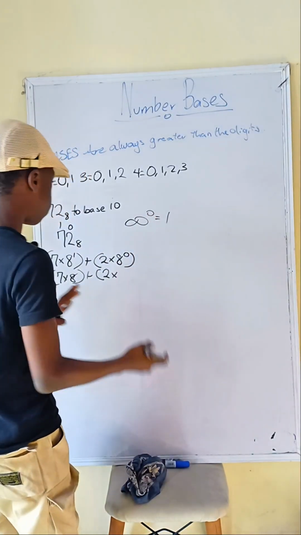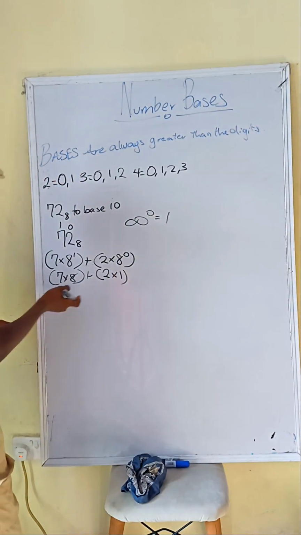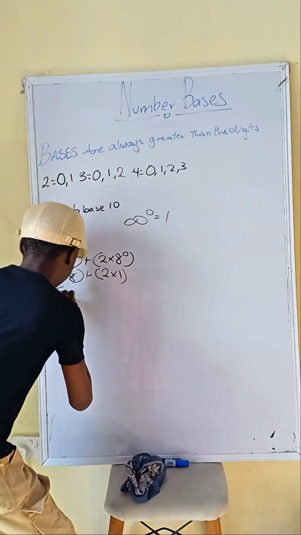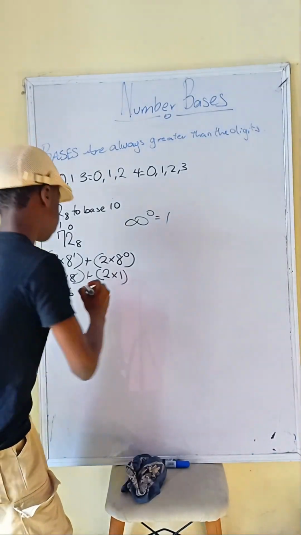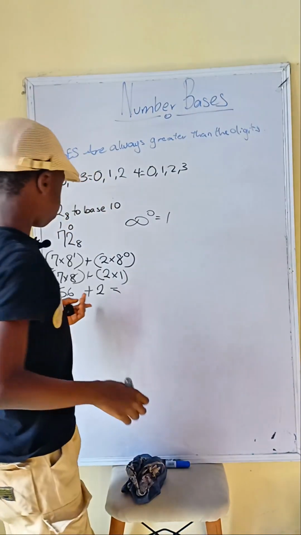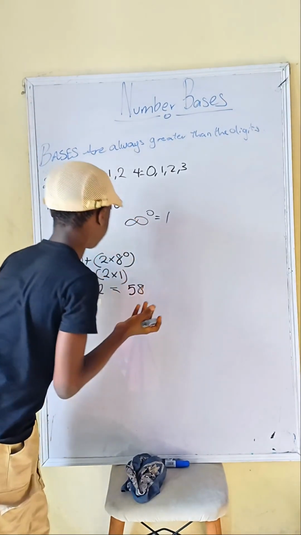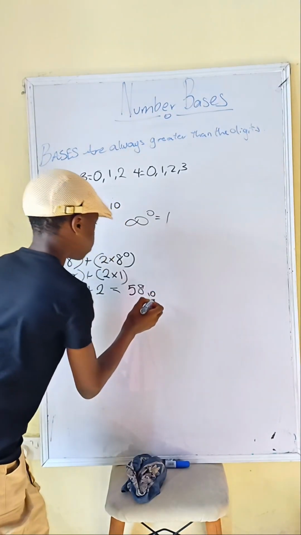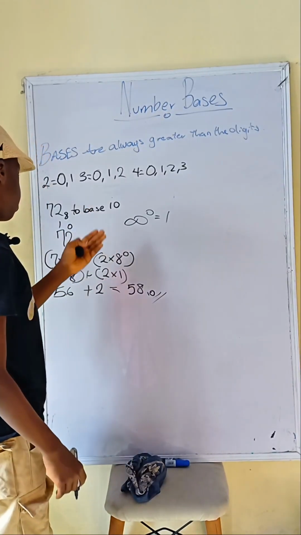Any number raised to the power of 0 is 1. So 7 times 8, 56, plus 2 times 1, 2. 56 plus 2 is 58 base 10.